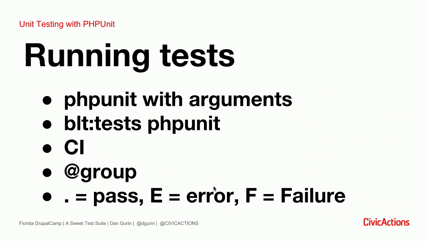And here we'll see that typically the results that you'll get back is a dot for pass, an E for an error, an F for a failure. You might also get an R or an S for risky or skipped, or an I for incomplete, but those are pretty rare.